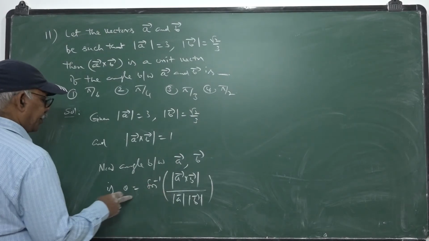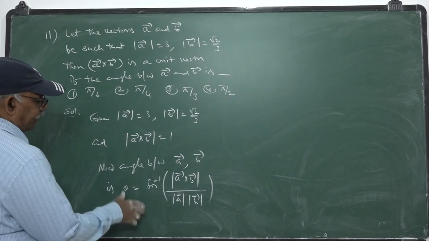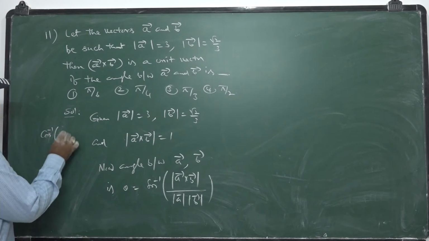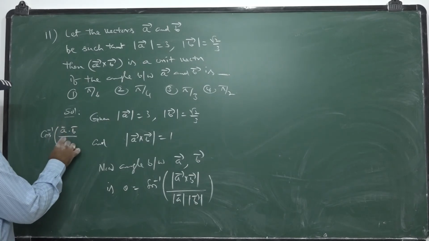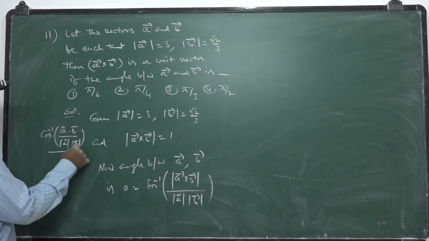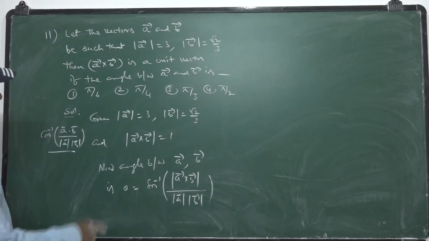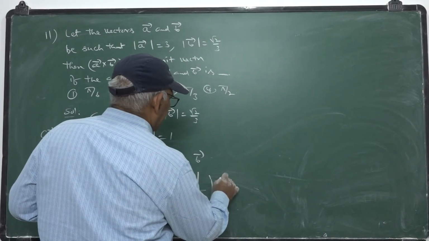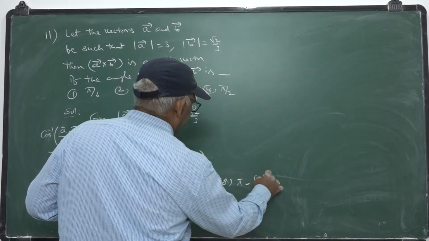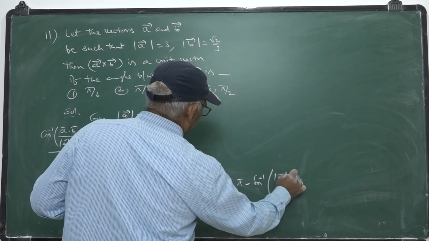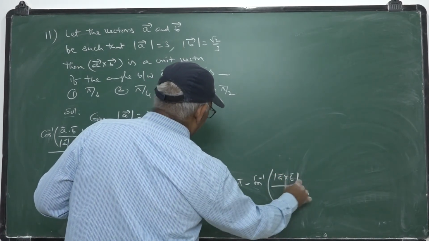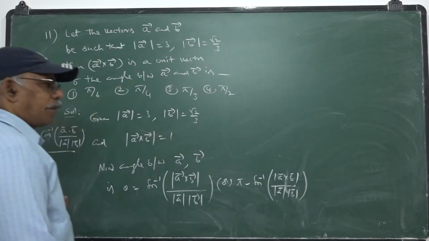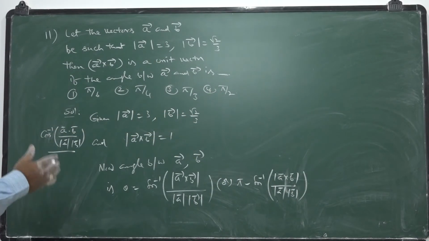Sine inverse gives us the angle between the vectors a bar and b bar. In terms of dot product, it is cos inverse of a bar dot b bar by modulus of a bar modulus of b bar. So either this or pi minus that one. You can take both, of course. Theta may be taken like this or this.